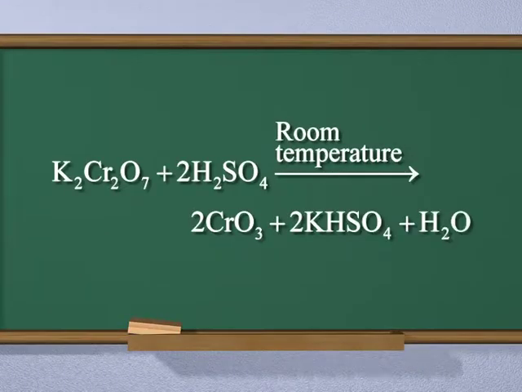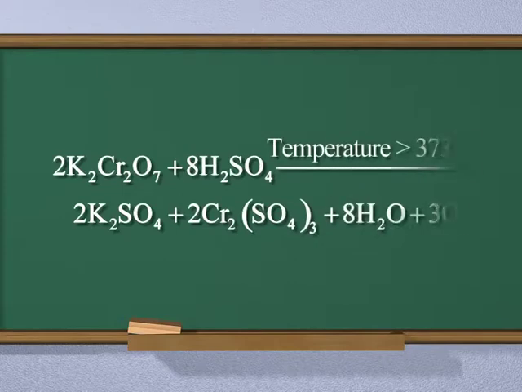When potassium dichromate is treated with sulfuric acid at room temperature, it forms chromium oxide, potassium hydrogen sulfate and water. When potassium dichromate is heated with sulfuric acid, it forms potassium sulfate, chromium sulfate, water and oxygen.